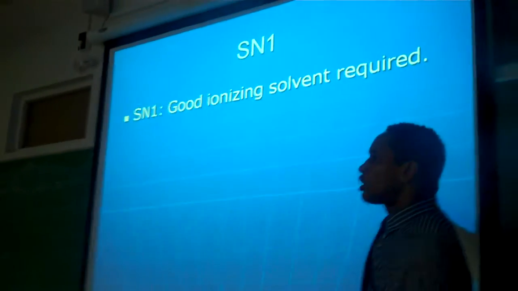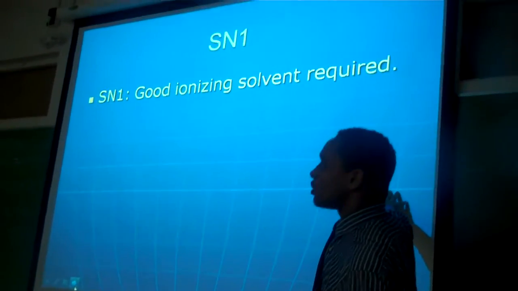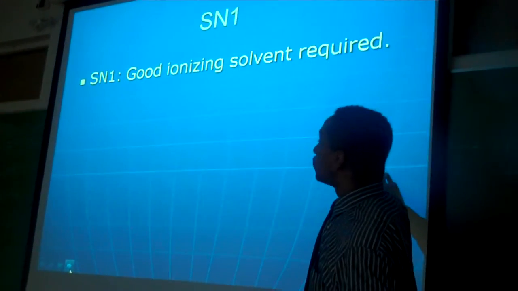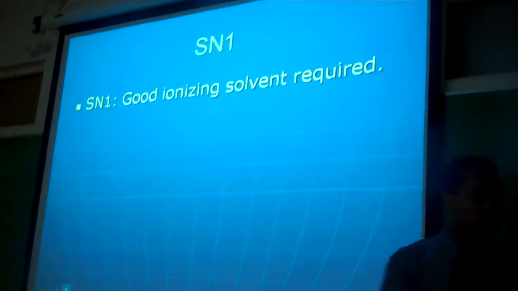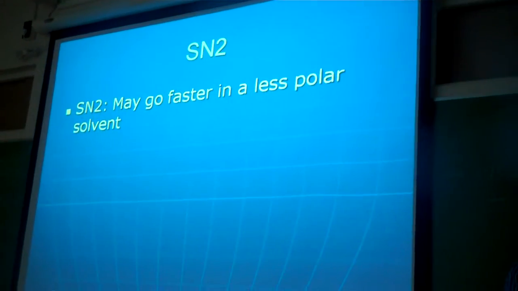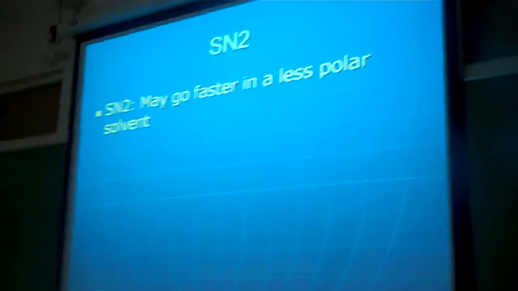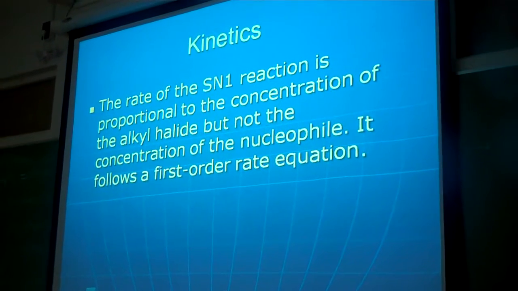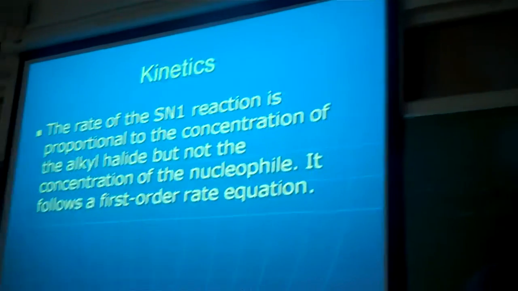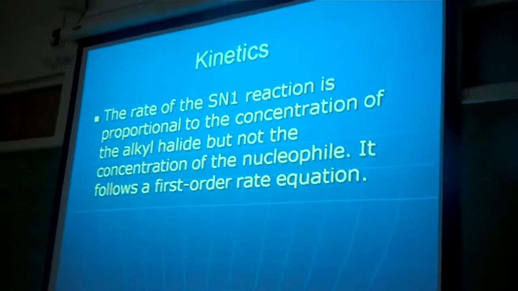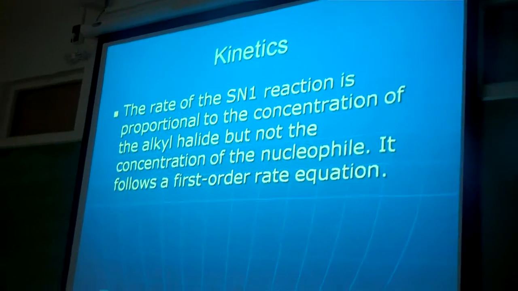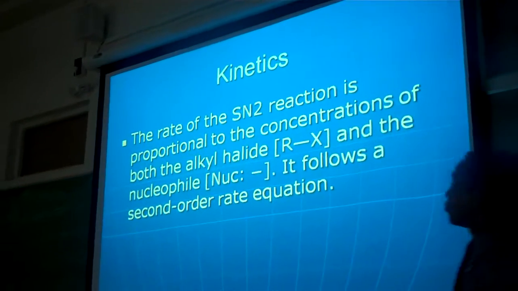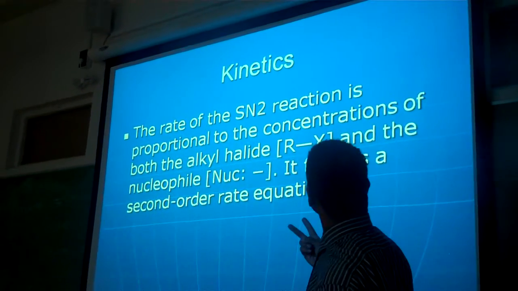For SN1, I need a good ionizing solvent. A good ionizing solvent is required for this one. A less polar solvent, or polar aqueous. The rate of an SN1 reaction is proportional to the concentration of the alkyl halide, but not the concentration of the nucleophile. That's first order. The rate of SN2 is second order.